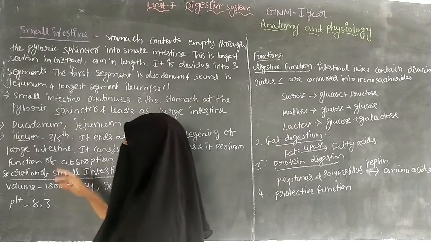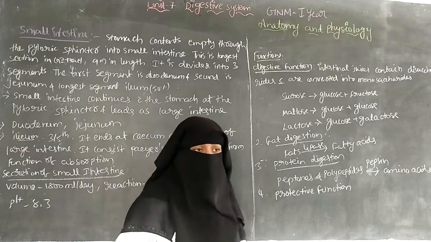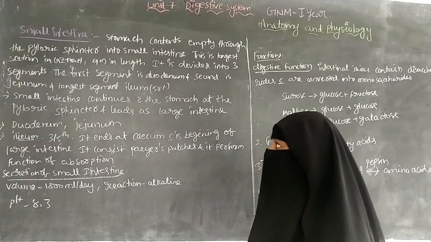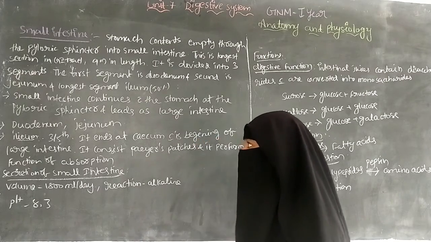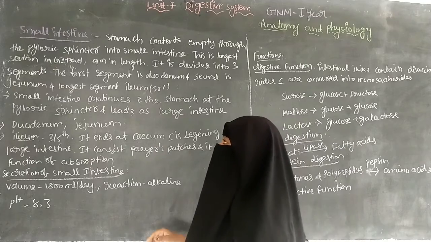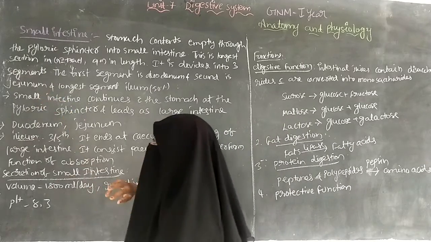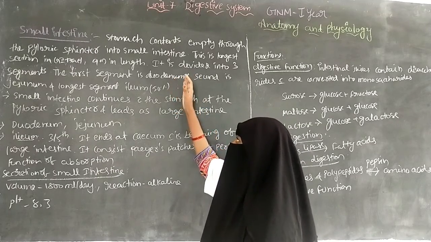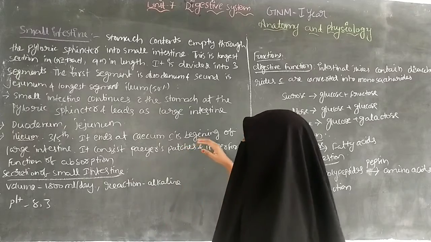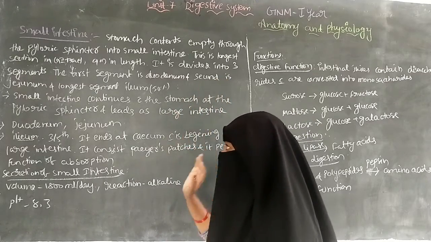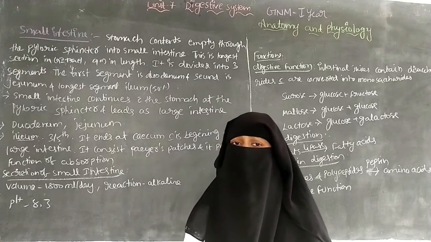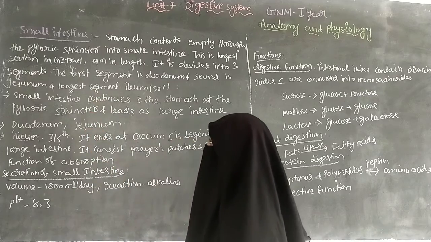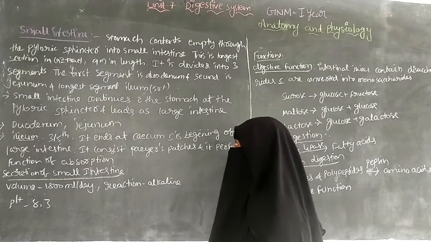About 2/5 of the small intestine is formed by the jejunum. So the first segment is the duodenum, which is C shaped, shorter and wider, and the second segment is the jejunum, which forms 2/5 of the small intestine. The next one is the longest segment, called the ileum.